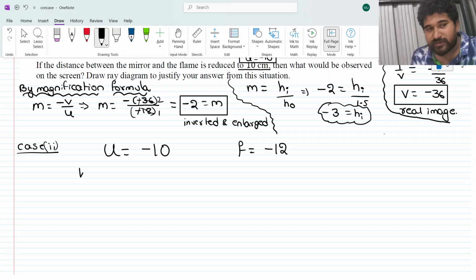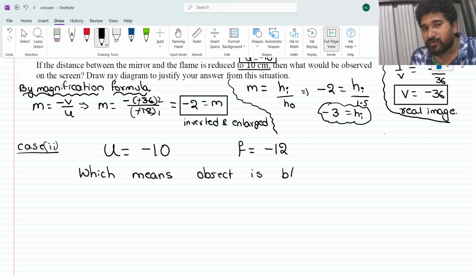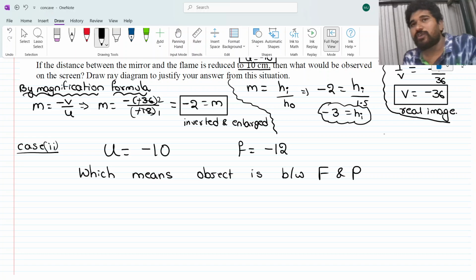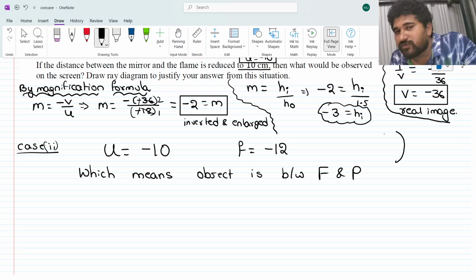Which means the object is between F and P. Yes or no? Why? Because if this is P and this is your F, this distance is 12, but the object is here.